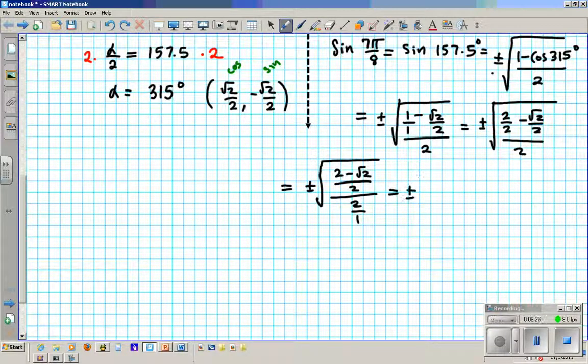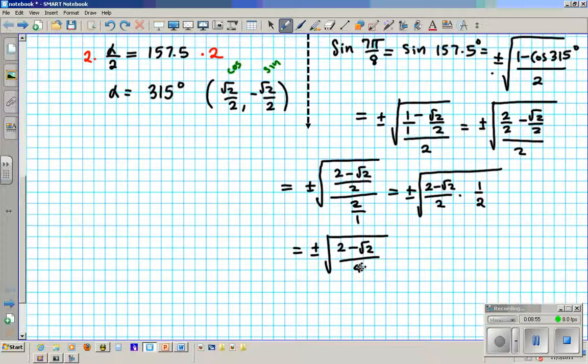So you have plus or minus the square root of 2 minus root 2 over 2. You drop the top, change it to a times, and flip the bottom into 1 over 2. So that gives us plus or minus the square root of 2 minus root 2 over 4.